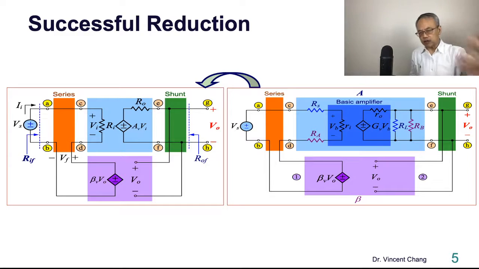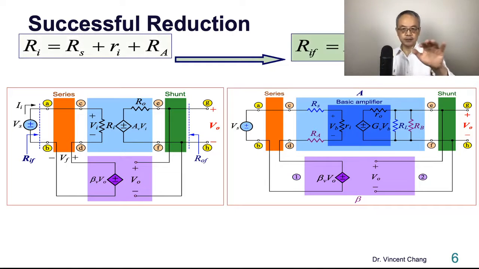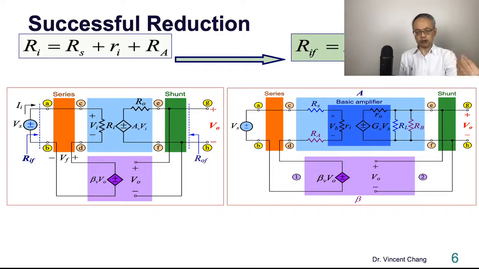But when you really solve a circuit, let me finish this. When you reduce, what's the purpose? Because we already reduced to the ideal structure, they are equivalent to each other.